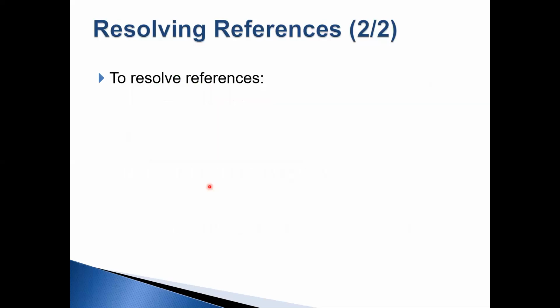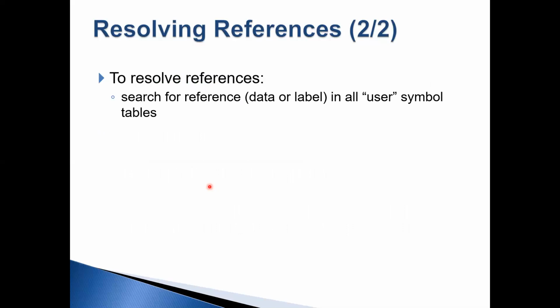So to resolve the references, again, you look into the symbol table. This is what you have. And then the linker will look into your relocation table. This is what you need. So by looking at what you need, the linker will go to the symbol table of other object files and see whether it can find what you need.